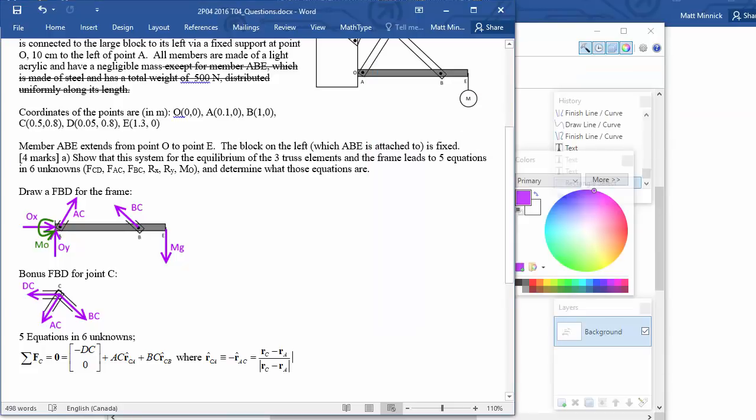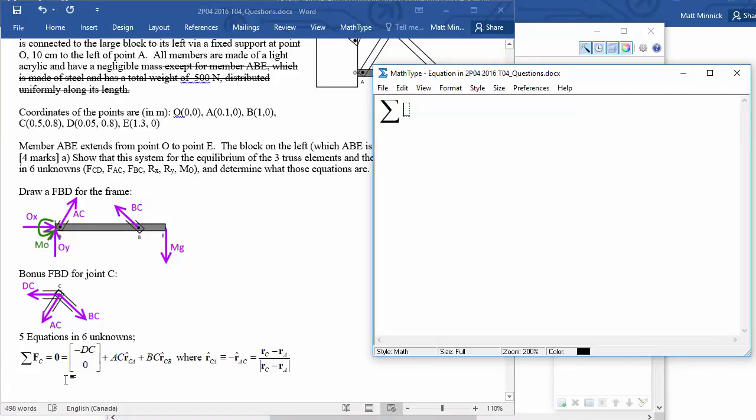All right, so there's that unit vector. And now we've got a vector equation for the net force at C. We can also do the same thing for the net force on OABE is equal to 0.